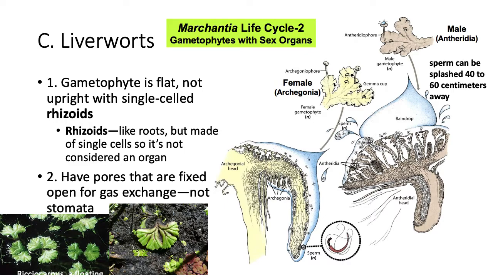The gametophyte is kind of anchored to the soil with these single-celled rhizoids. They're like roots, but they are not true roots. They're made up of single cells, so it's not an organ. Okay? So they're not roots.